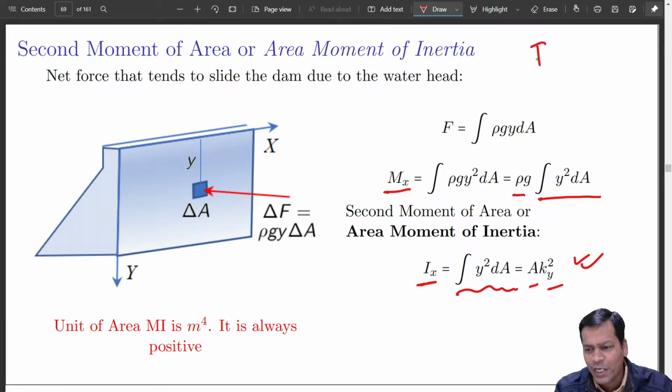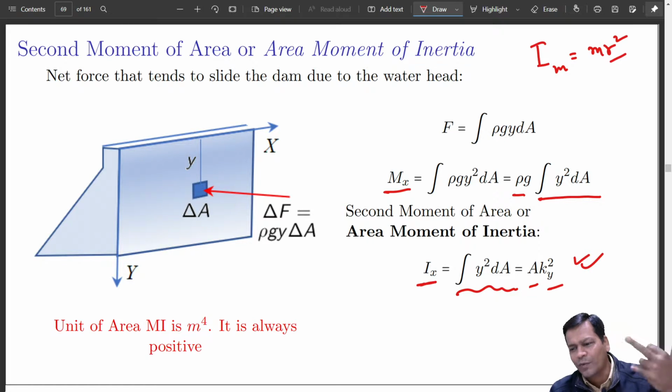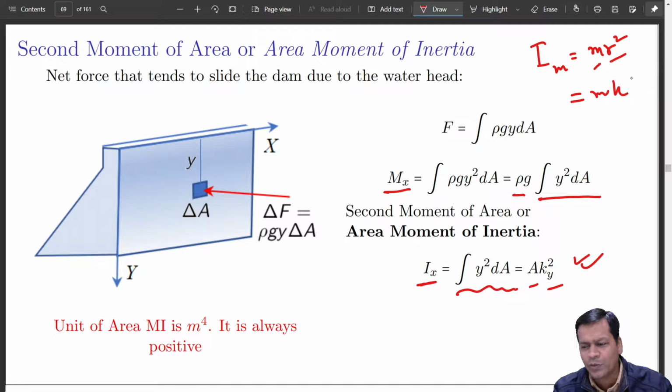This is quite analogous to what you have already gone through. Mass moment of inertia was equal to m r square, where r is the distance from the axis of rotation and m is the mass. In general it was equal to m k square, where k was the radius of gyration, for complex or differently shaped geometry. So it is analogous to that. Over here, moment of area Ix is equal to A ky square.